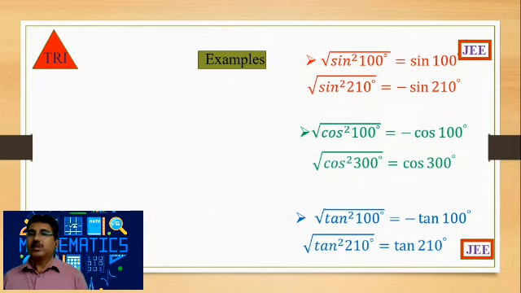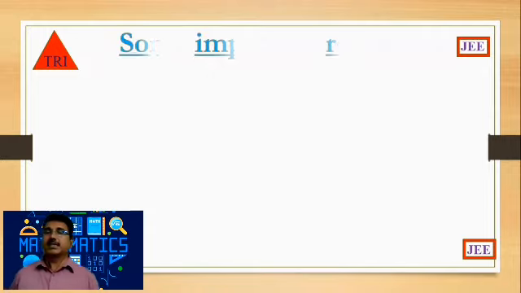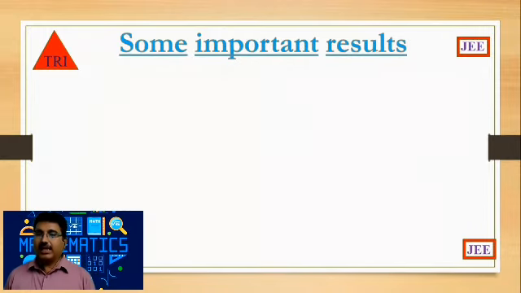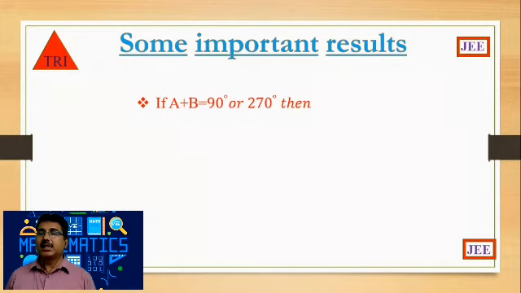Now some important results. Very important, these results. This is very useful throughout trigonometry. If A plus B is equal to either 90 degrees or 270 degrees, then what is the relation between sin A, sin B, cos A, cos B, and tan A, tan B, cot A, cot B?